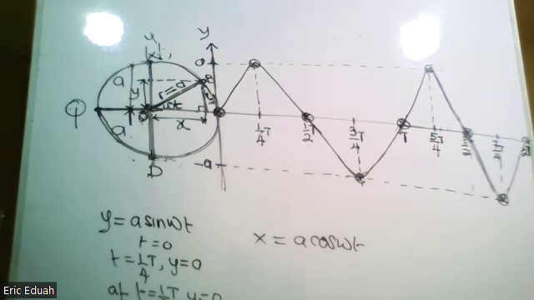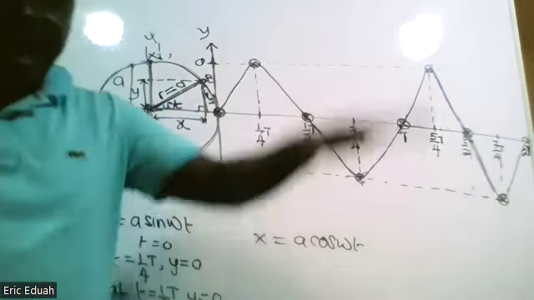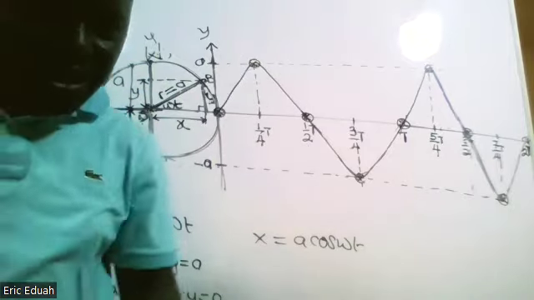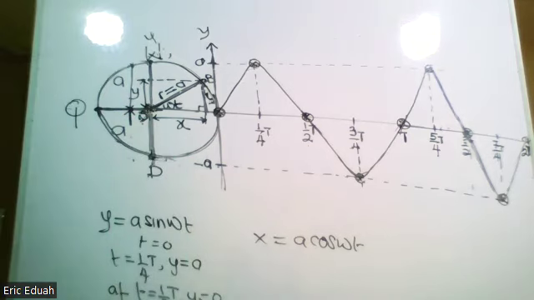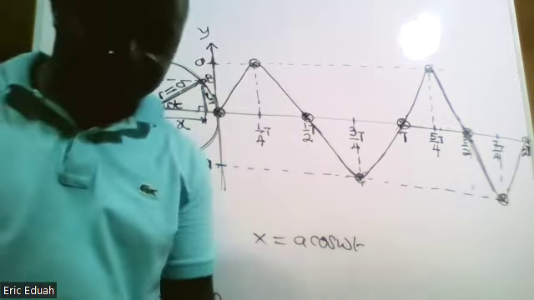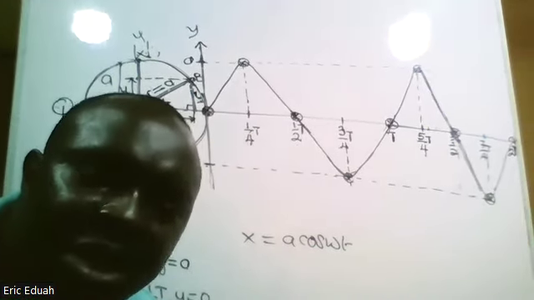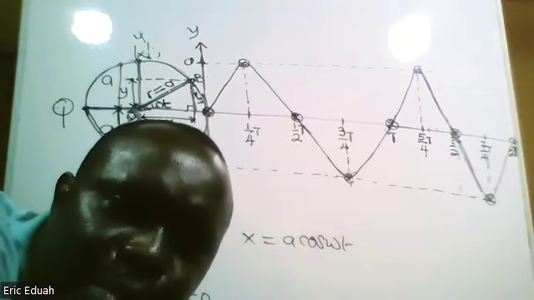Another important thing I want us to look at is that we see the body moving up and down, either along the vertical or along the horizontal, meaning the body is always not at rest. It is always in motion. Now, if a body is always in motion, what will you say about the body's velocity?